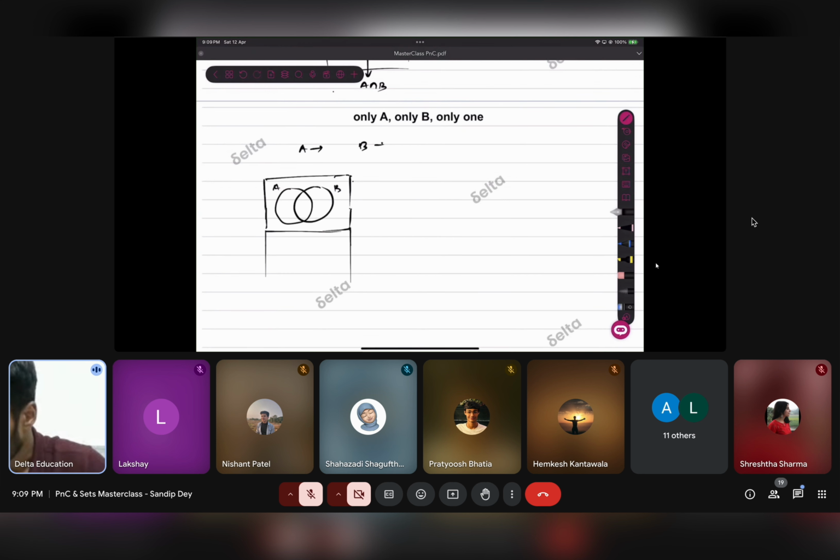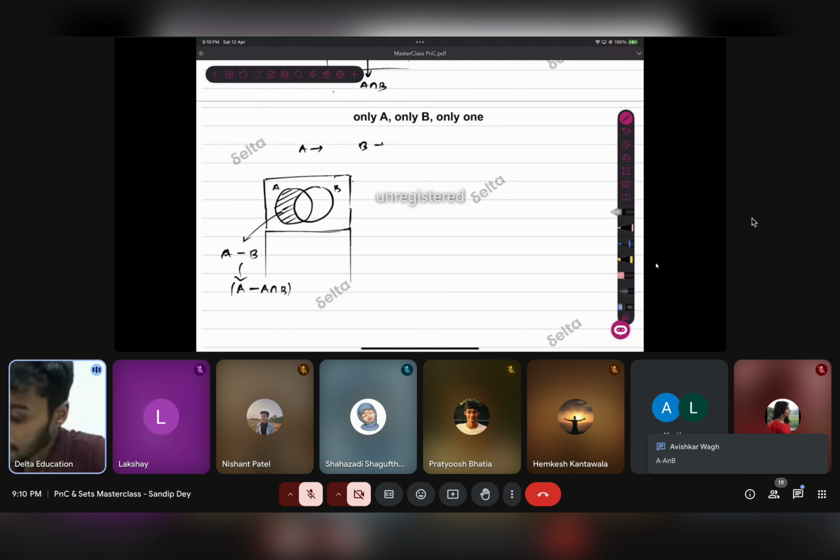So all these elements are only present in A, not in B, and not outside A. So this is my only A. I can also write it as A minus B, right? And also if I want to use the intersection and union formula, I can write it as A minus A intersection B. Okay. Also, if I want to find only B, then I can write it as B minus A, which equals B minus A intersection B.